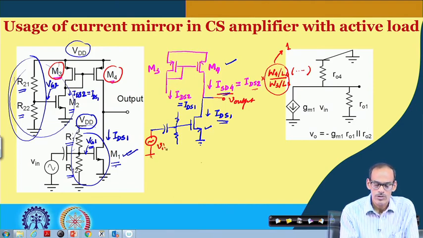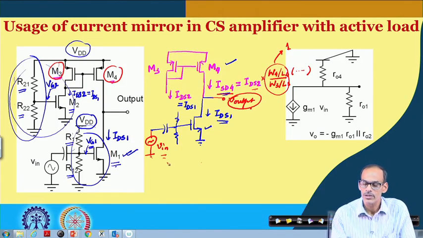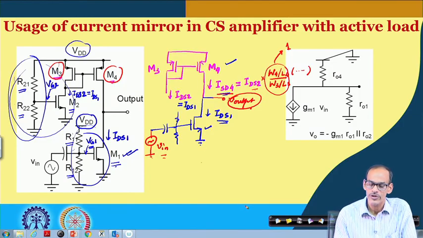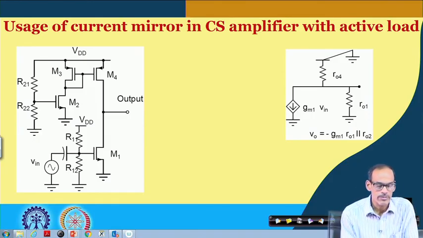To get the relationship between this output signal and input signal, we can draw the small signal equivalent circuit. So, here we do have the small signal equivalent circuit. Let me clear the board. Some part of the small signal equivalent circuit is missing, so let me draw that part, particularly this part.